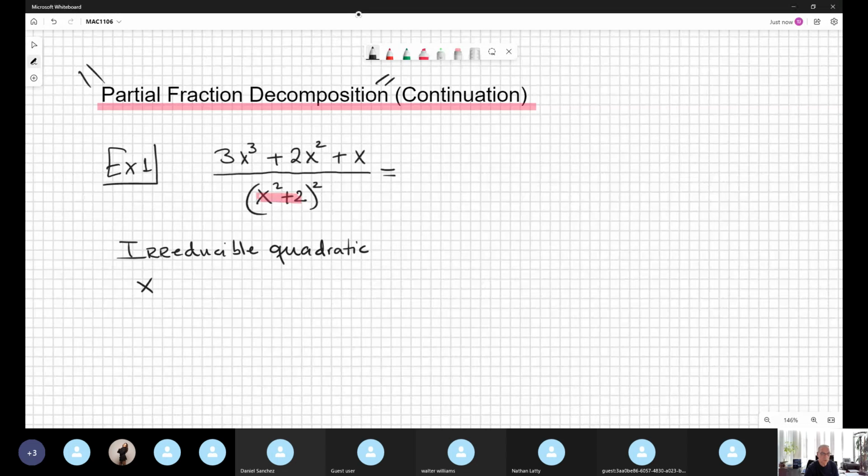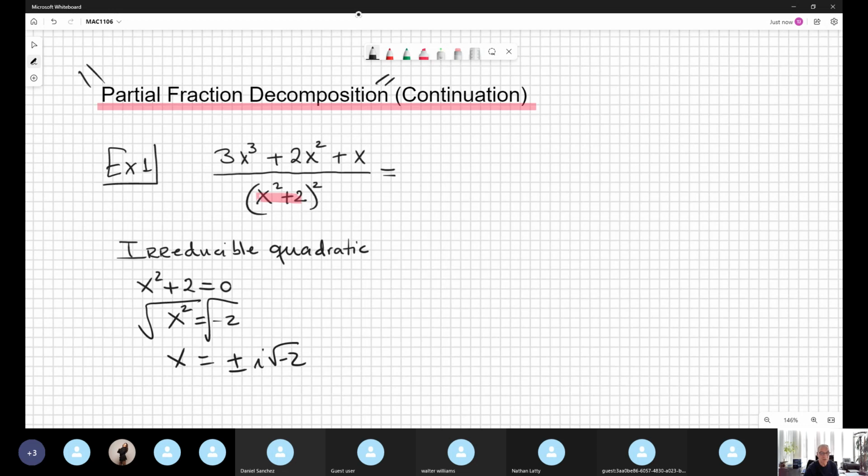Because you take, for example, x squared plus 2 and you enforce it to be 0, and you solve this quadratic equation, you see that the solution is imaginary. So this is a reason because we cannot factor this. You cannot break it down in different parts.